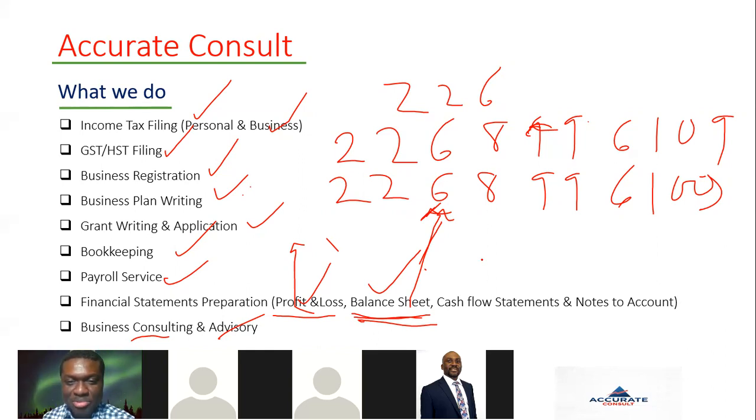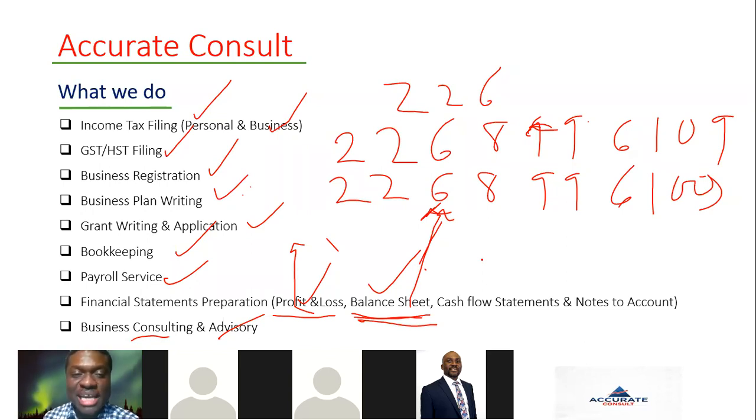I believe I was able to answer your question. Yeah, you did. Okay, any other question? As a salaried employee who works from home, does it mean I can claim all my rent? Yes, if you pay rent, you can claim part of your rent as part of the employment expense. But for you to claim it, you must get Form T2200 from your employer.